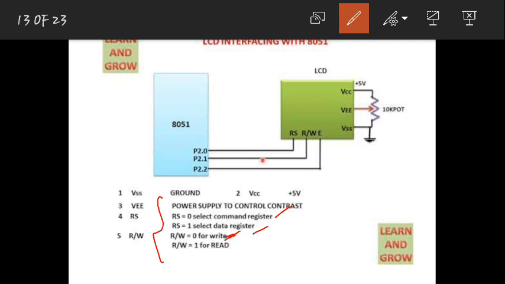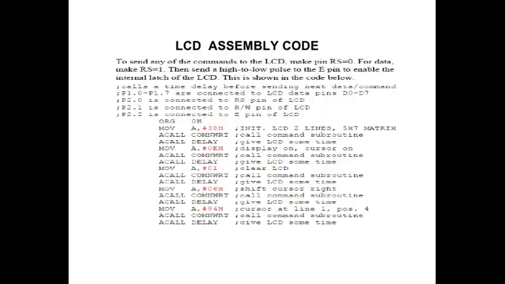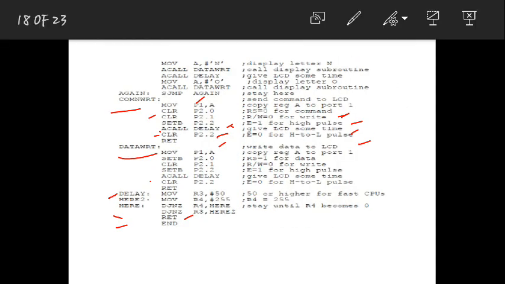So this will be same, I am writing data, that means R/W should be equal to 0, and enable also should go from high to low. So these are the same things, but before I was writing the command, but this time I am writing the data. So instead of RS equal to 0, this time only RS equal to 1 will be replaced. Is that fine? So same thing for this subroutine.